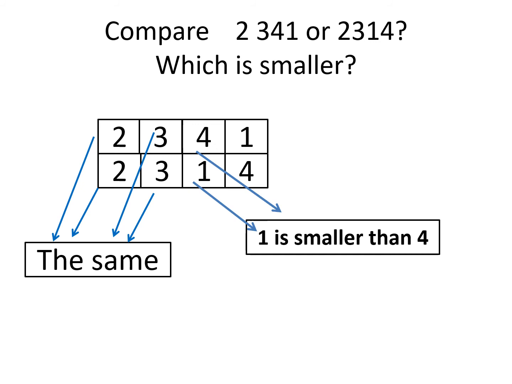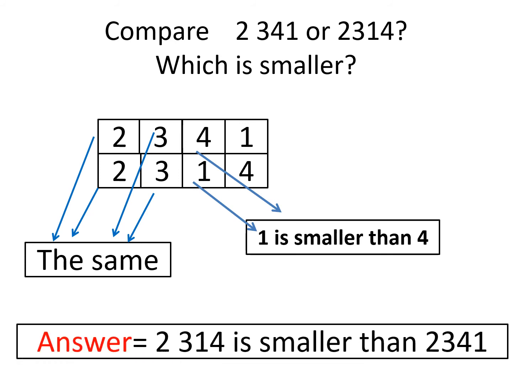So definitely the number below is the smaller. 2,314 is smaller than 2,341. Alright? Remember, when you want to arrange the numbers, you must arrange them in straight line. Alright? Don't mix them. Then you can find the smaller and the larger number easily.